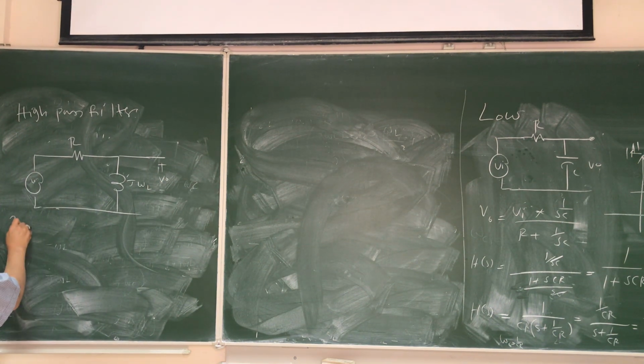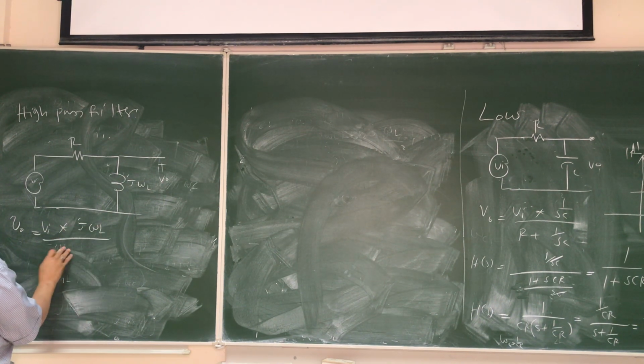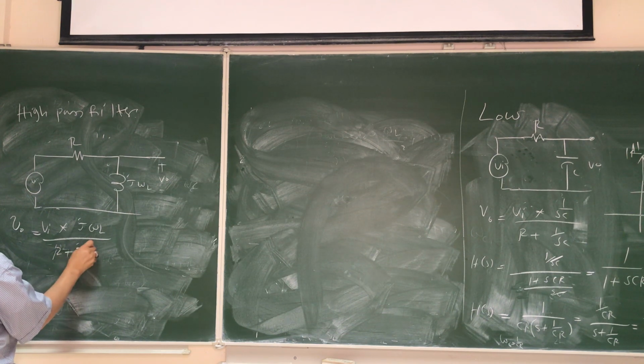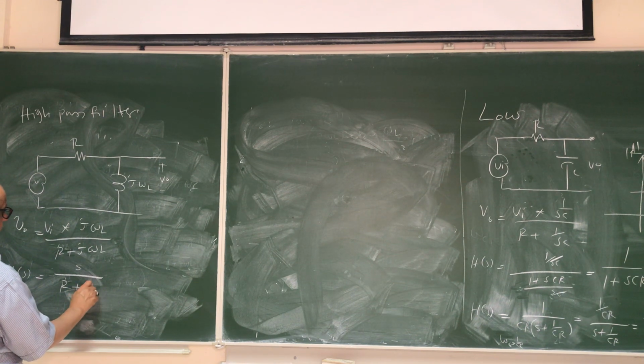So you can see now V out is equal to Vi into j omega L over R plus j omega L, or we can say H of S is equal to S L over R plus S L.